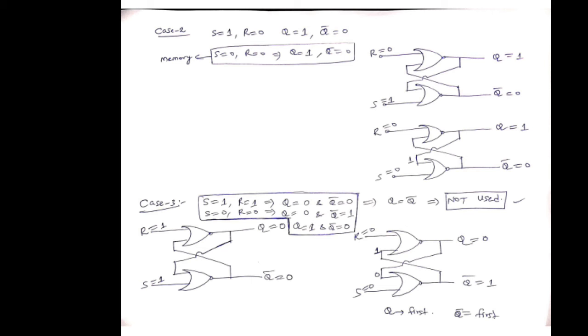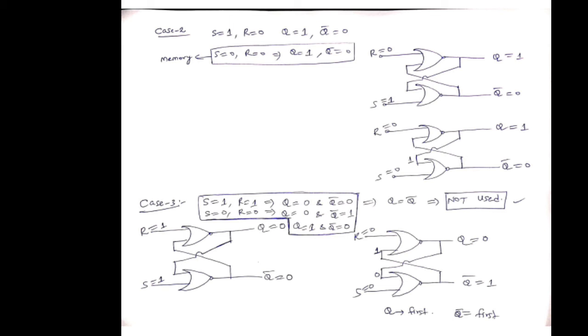Next, with the help of this combination I can check whether it is changed or not. You can observe here I am changing the values to 0 0 from 1 1. You can observe S is equal to 0 I changed and R is equal to 0 I changed in this case too. And from the previous state values I have written here, I can check whether these values are changed or not. You see this Q is equal to 1 is taken here.